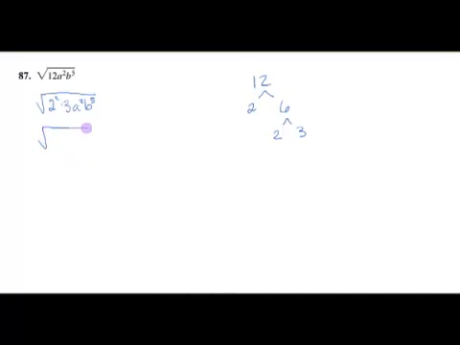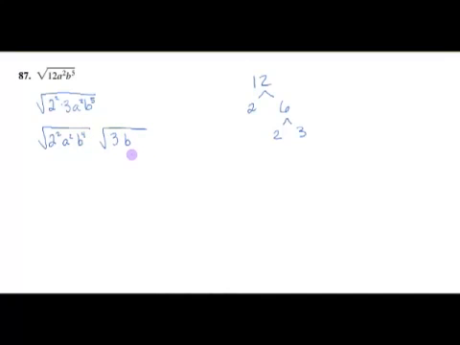Now break up into your perfect square root and your leftover square root. In the perfect, we can put 2 squared. We don't have enough of 3, so we put that in the leftover. A squared we can put in here. And with b to the 5th, I can put 4 of them here and 1 here.